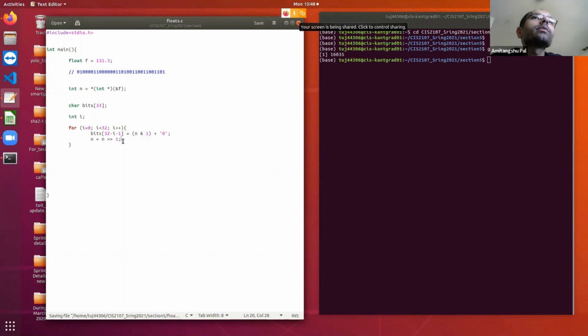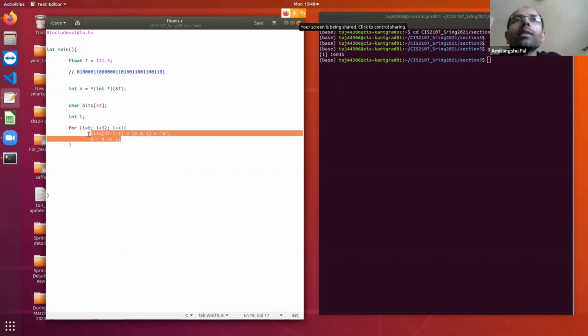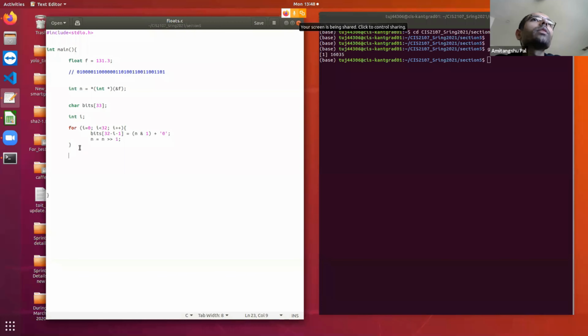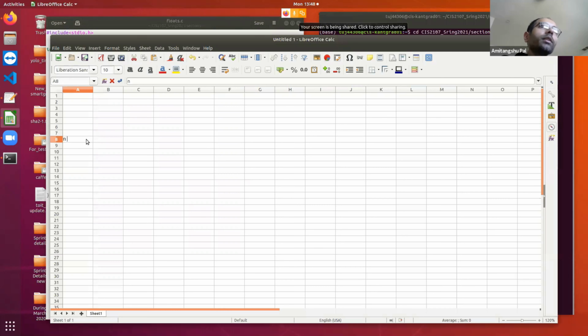Okay, so let's see what these two lines are doing. Basically, you want to convert from an integer to its corresponding bit representation. So suppose n is equal to say 1 0 1 1. Let me show you just with the help of 4 bits. In case there are 32 bits instead of 4, let me show the logic using only 4 bits.